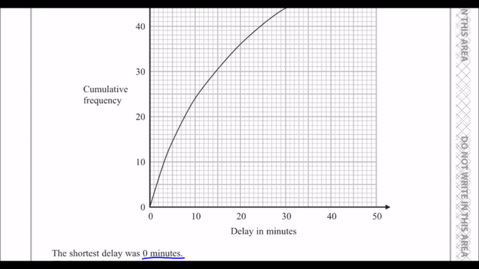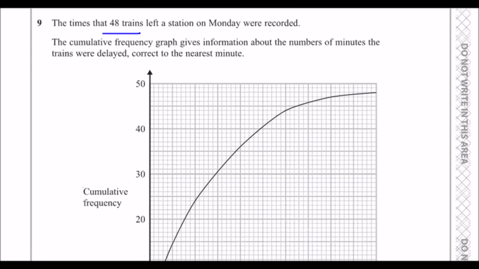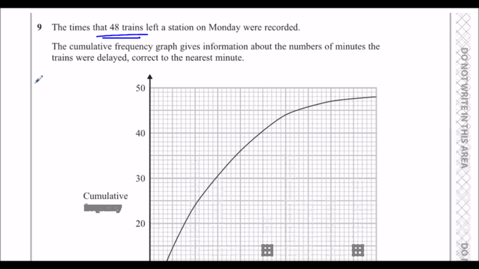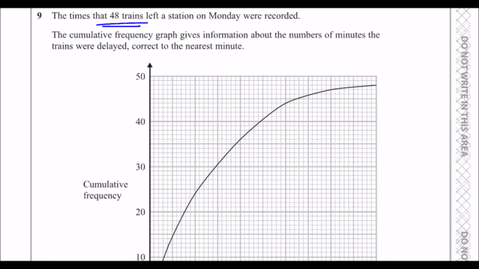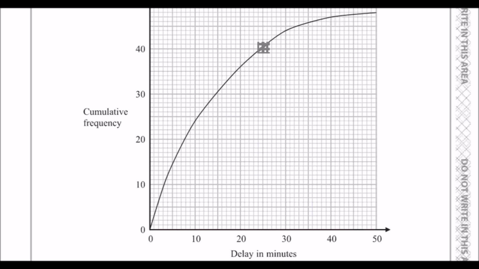So we'll go back to our cumulative frequency. There are 48 trains. So for the median, we're going to look at 24, halfway, the 24th train. So we'll go from 24 to our line, and then down.